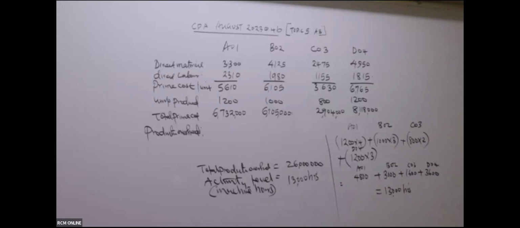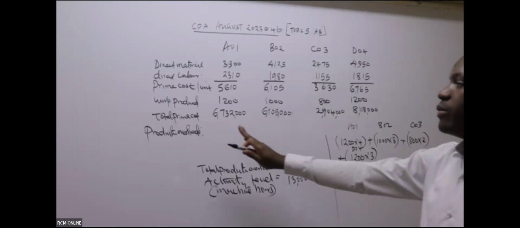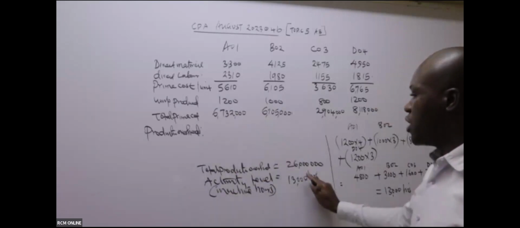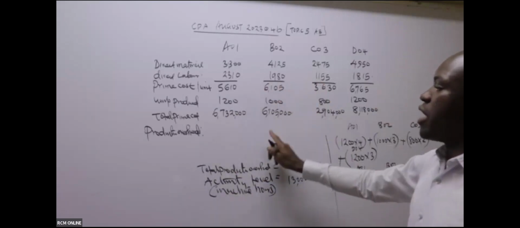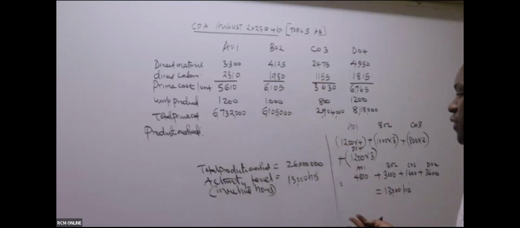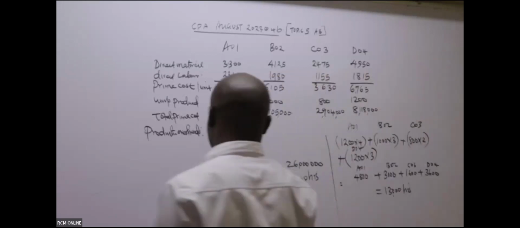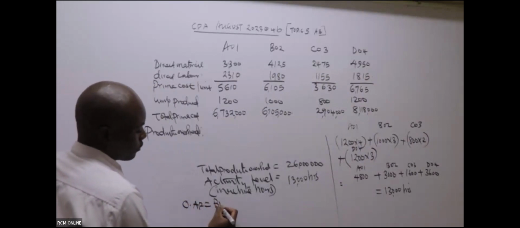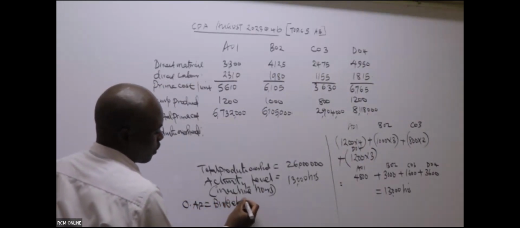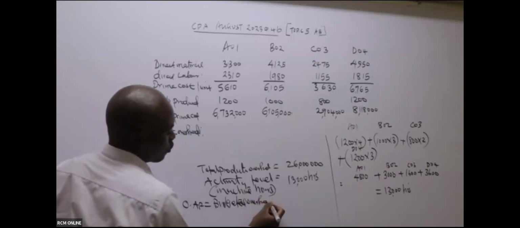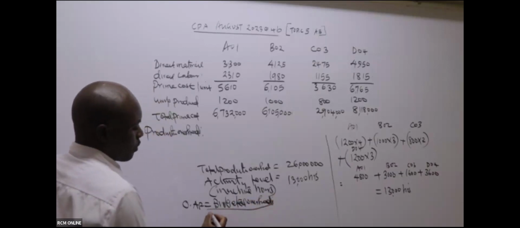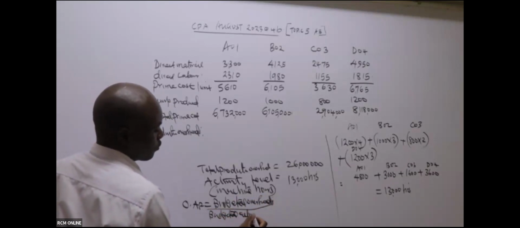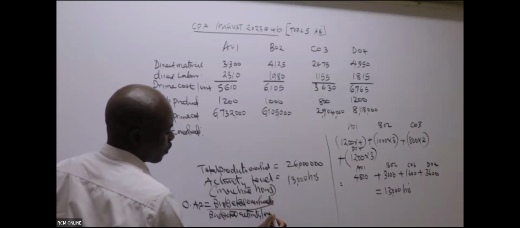Now, once that is done, we need to get the absorption rate, because the overhead absorption rate will enable us to get what of the 4 products will be absorbing into the production process. So let's go ahead and get overhead absorption rate, which is equal to budgeted overhead divided by budgeted activity level.